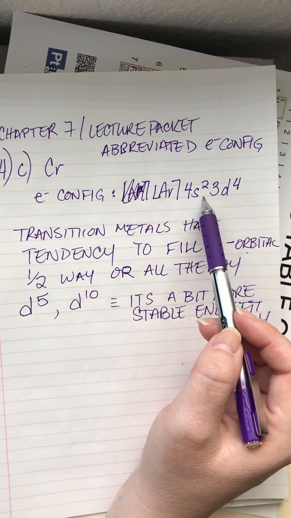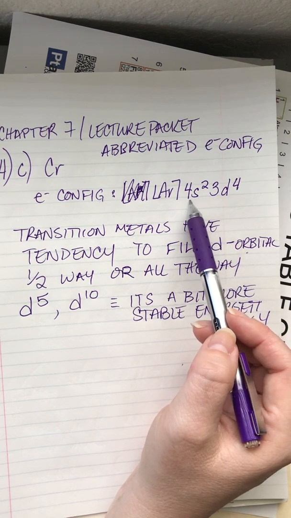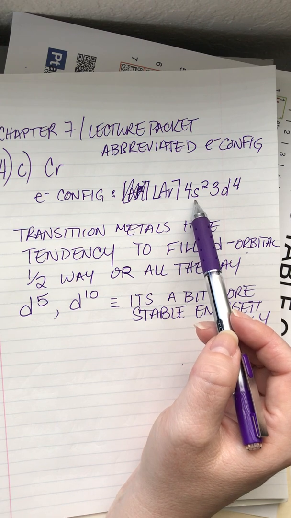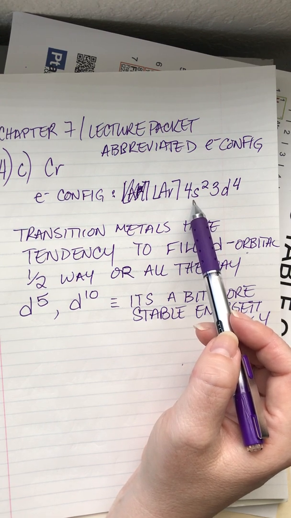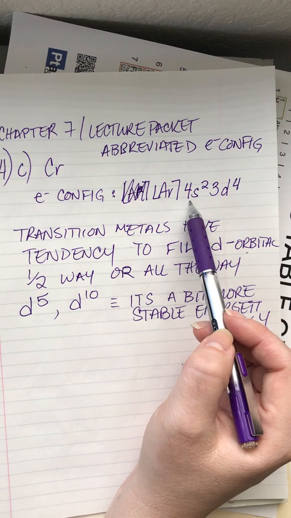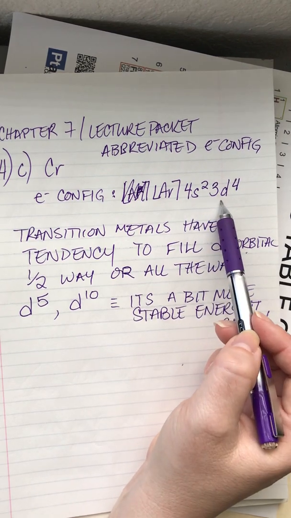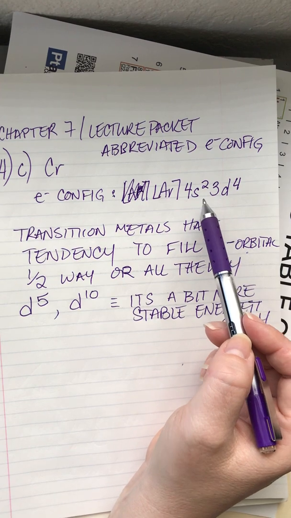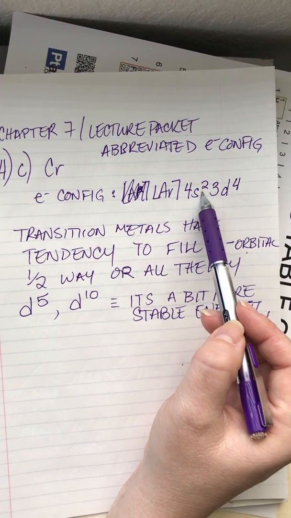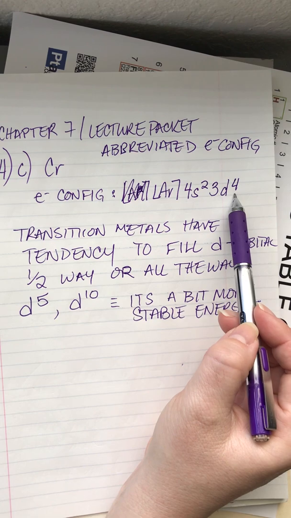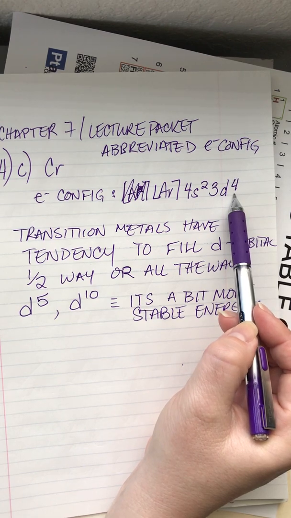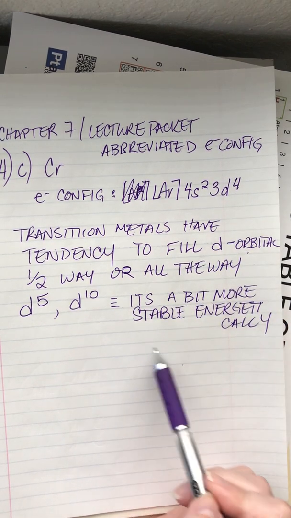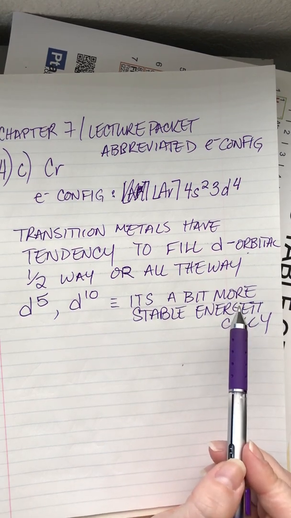Even if we have to take an electron from what is technically a lower energy orbital, the 4s and the 3d are very, very close in energy. So it doesn't take a lot of energy to take one of these electrons and put it in the d orbital, but it does give you back this bump in stability, right?